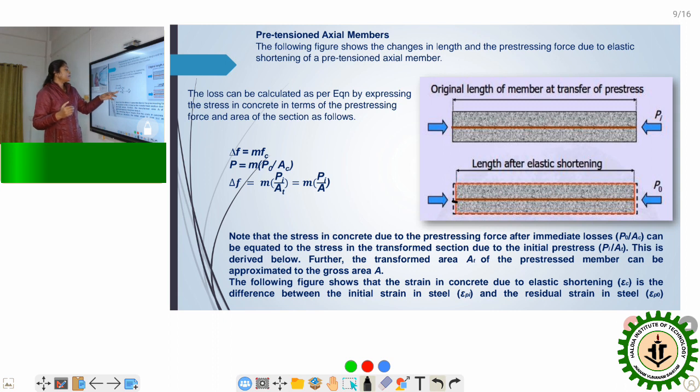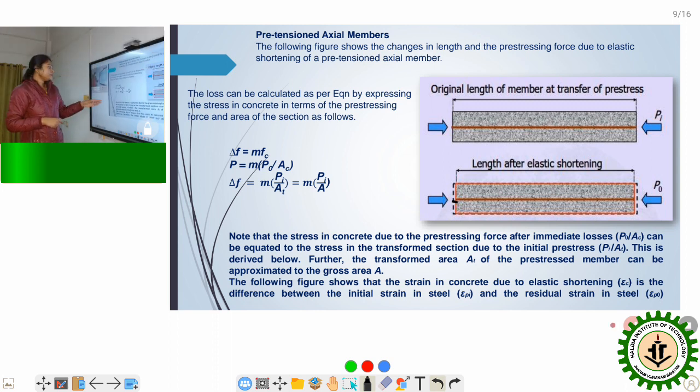So we can say that Pi by the transformed area of the section, Pi is the initial pre-stressing force, divided by the area of the cross section can give you P0, that is the reduced pre-stressing force by area of the concrete.